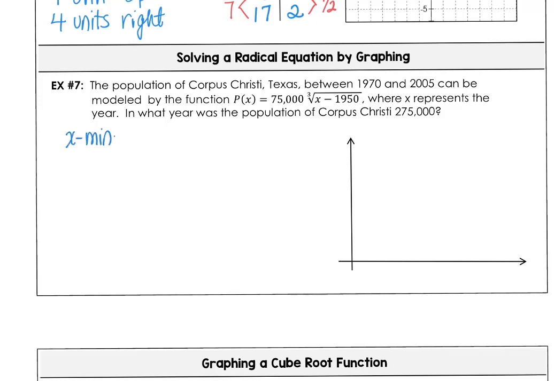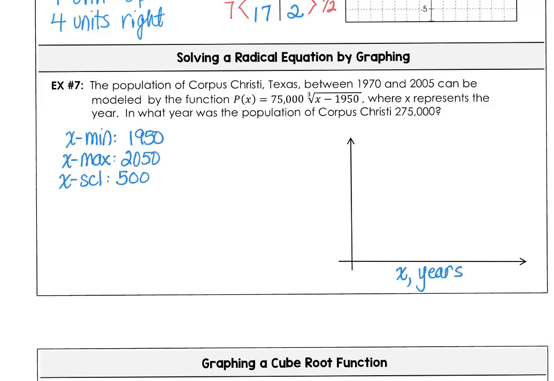My X minimum is going to be 1950, and my X maximum, I set that for 2050, and you'll see why when we read the problem. And this X scale, if you have the TI-84, I set my X scale to go 500 at a time.